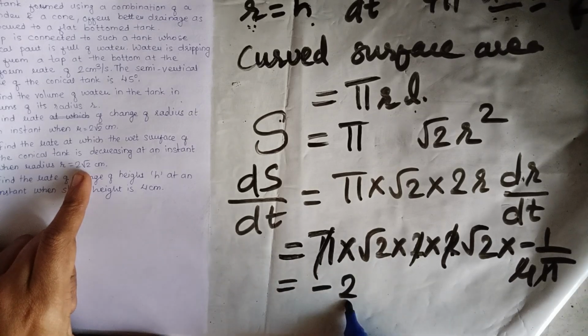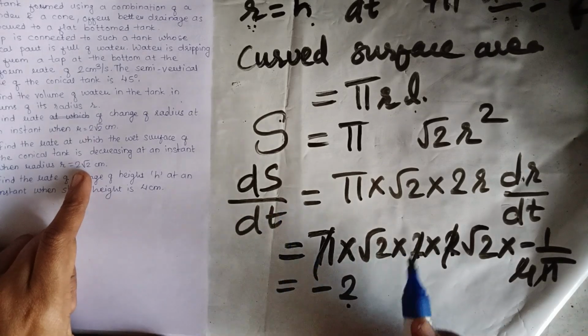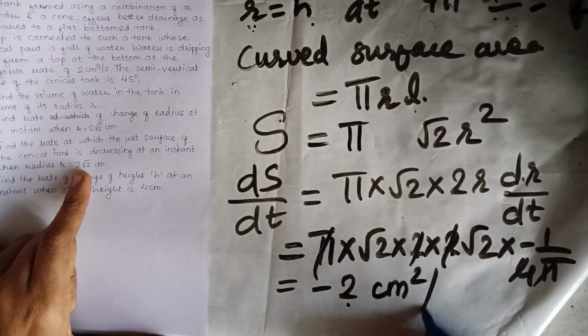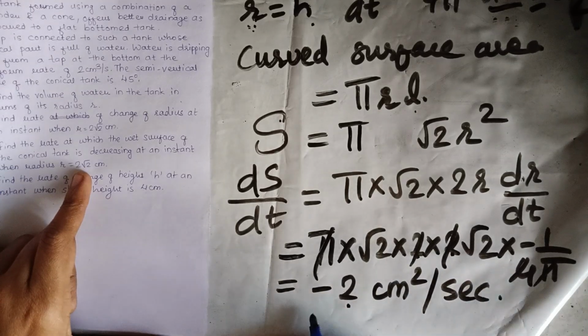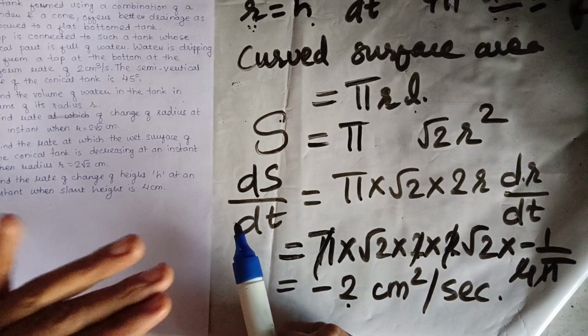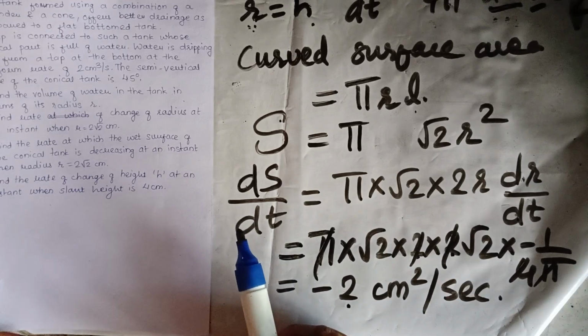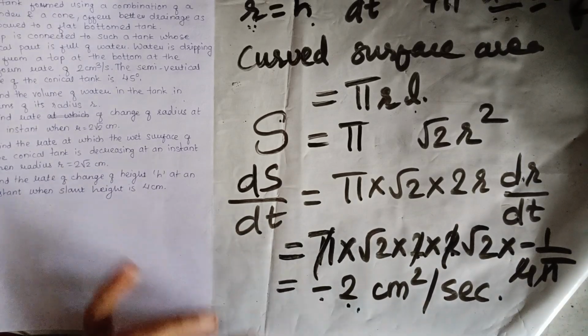So the answer is minus 2, and this area is centimeter square per second. Okay, as volume is decreasing, that wet surface is also decreasing. So it is coming minus 2.